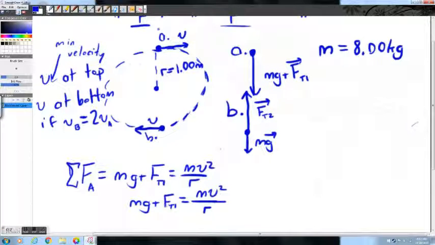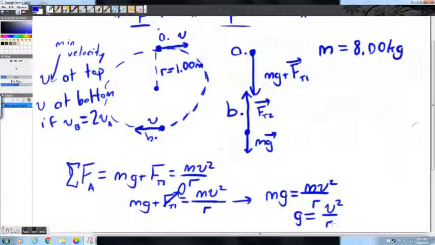Since gravity is not going to change, we're looking for the velocity that's required to get the bucket over the top if the tension is 0, basically right as the arm, I guess, is going slack.